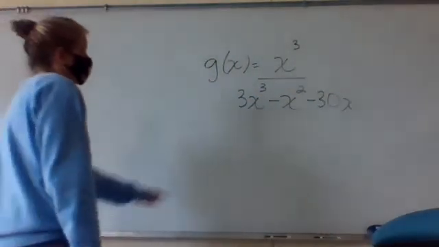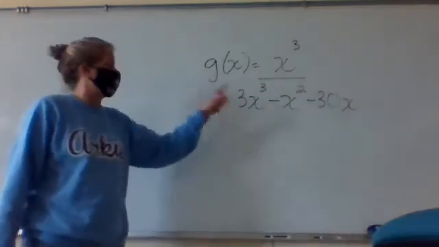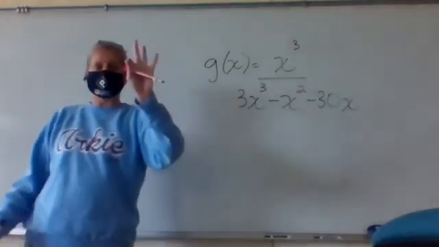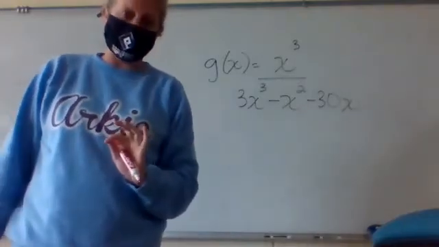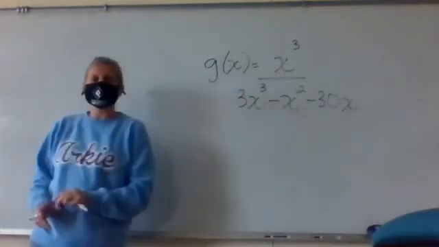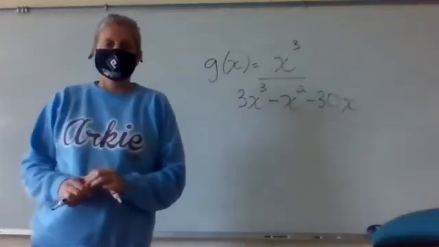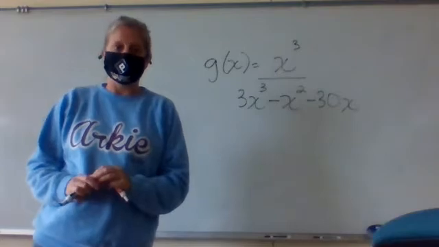All right, so since the degree of the bottom, which is the highest exponent, is 3, there's going to be 3 zeros here. It's also not a quad right now because it's x cubed and not x squared. So it has to be x squared to solve it using the quad program.